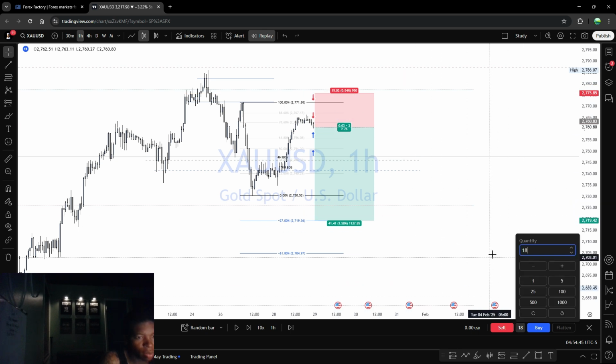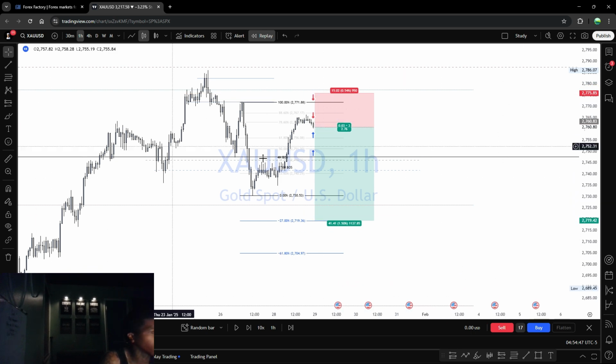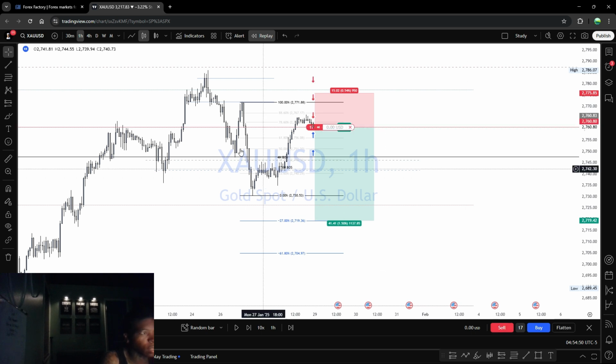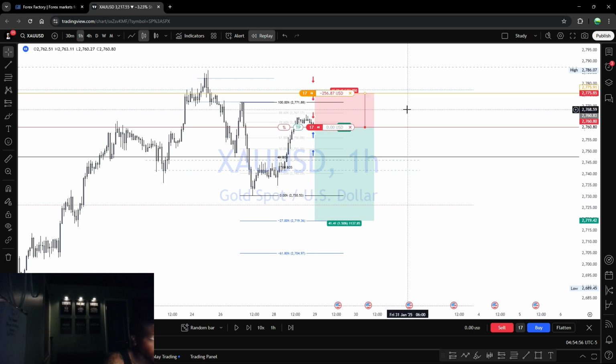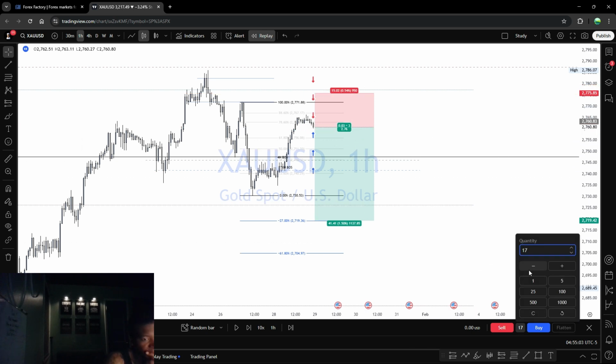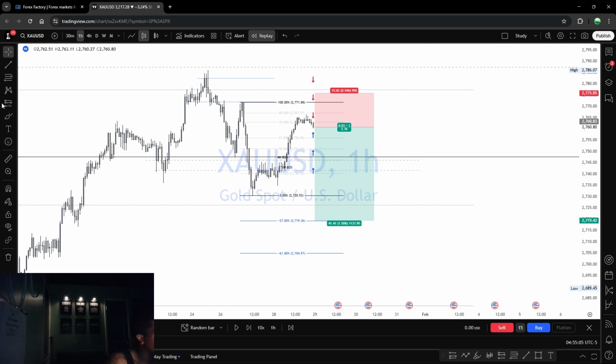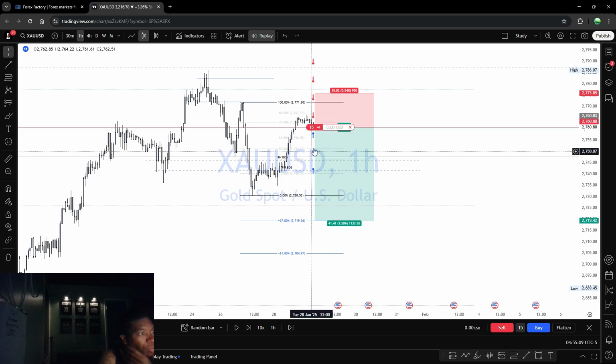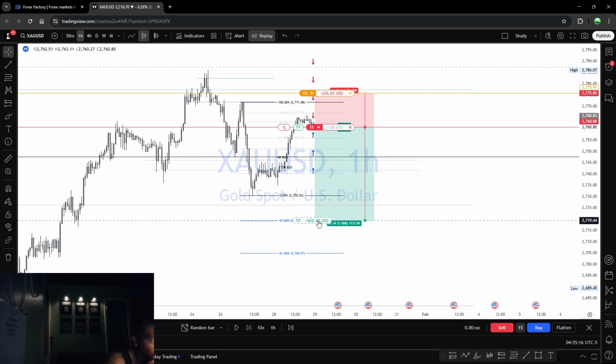Let's go down to 17. 256. I really want to keep it at, let's go to 15 and just leave it at that. So let's go to sell. Stop loss here. Take profit is here.